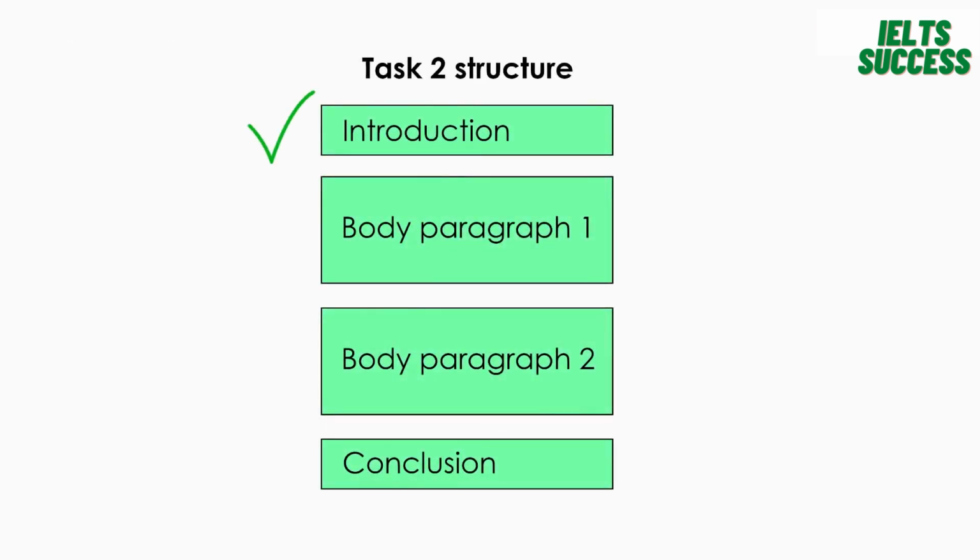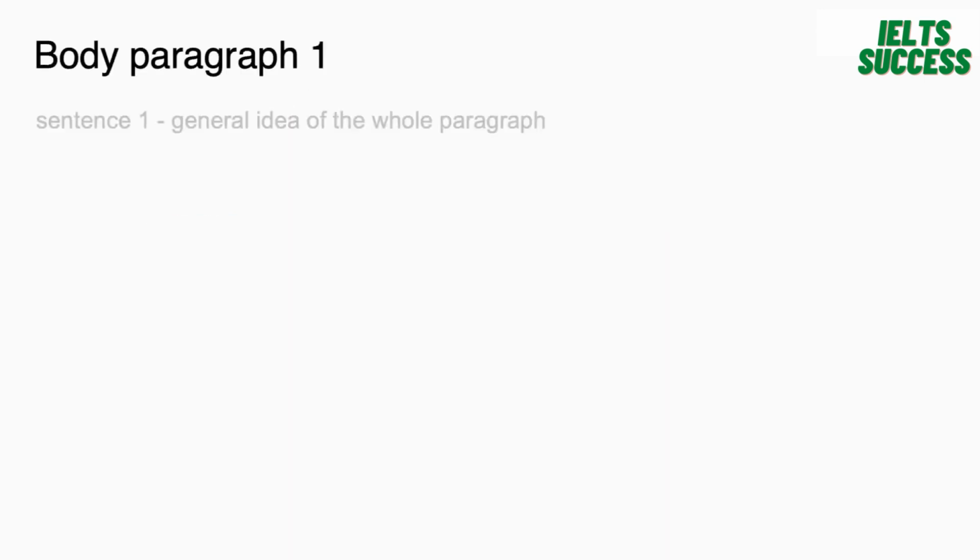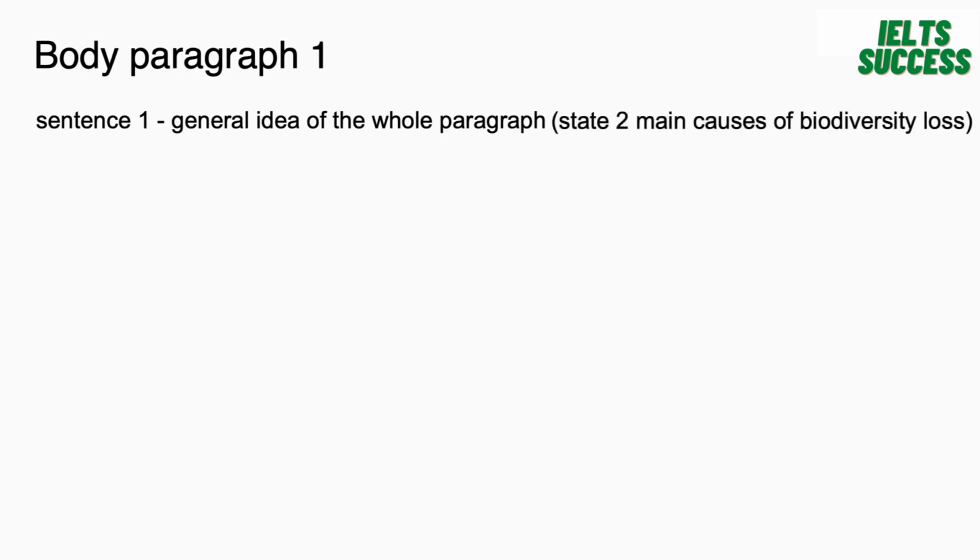After the introduction, we start writing the body paragraphs. The first body paragraph discusses the possible causes of biodiversity loss. The first sentence of this paragraph should contain a general idea of the whole paragraph. In our case, we just state 2 main causes of the biodiversity loss.